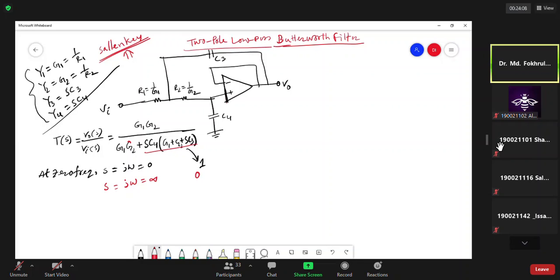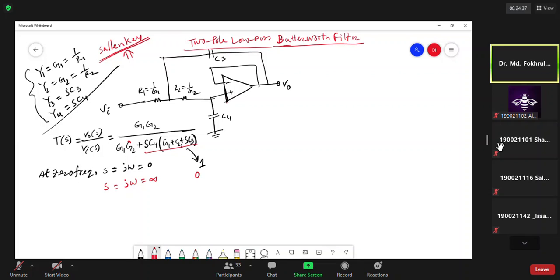So this Butterworth filter is a maximally flat magnitude filter. That means the transfer function is designed such that the magnitude of the transfer function is as flat as possible within the passband. And this objective is achieved by taking the derivatives of the transfer function with respect to frequency and setting as many as possible equal to 0 at the center.